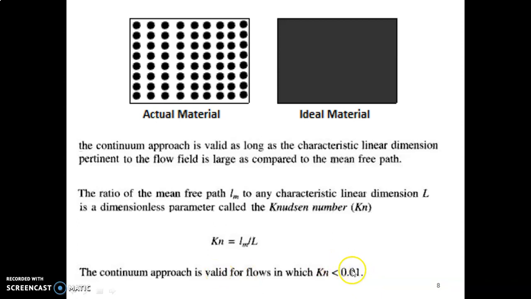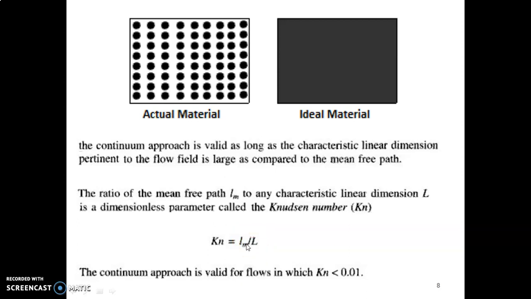So let us look at this value 0.01. That means the numerator value is very small compared to the denominator value. That means mean free path is very, very small compared to the characteristic linear dimension. That means the gaps will be very, very small.